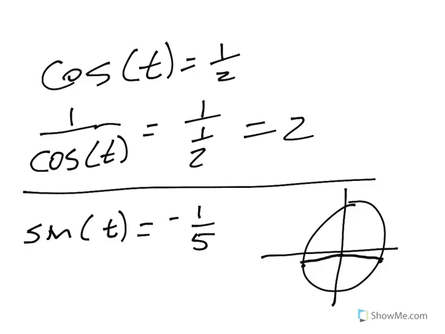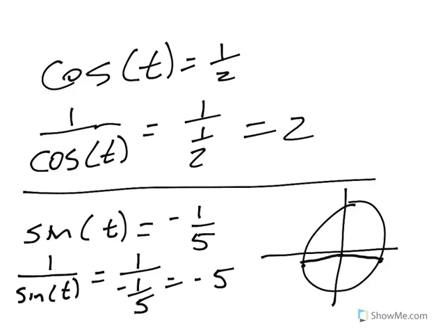So when I look at the reciprocal, what is cosecant of t going to be? What's the reciprocal of that fraction? What's 1 over -1/5? And that's -5. And we can see that the smaller the absolute value of the fraction is, the larger the absolute value of its reciprocal is.